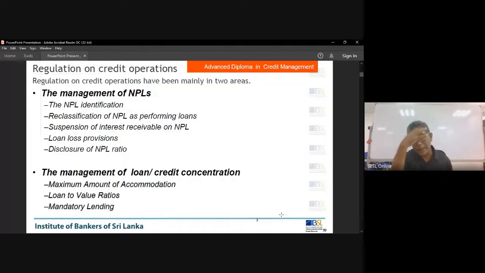Under that, we discussed two main areas the regulator looks at as far as credit is concerned. One is the management of NPL. Under that, we discussed the identification of NPL and the reclassification of NPL.